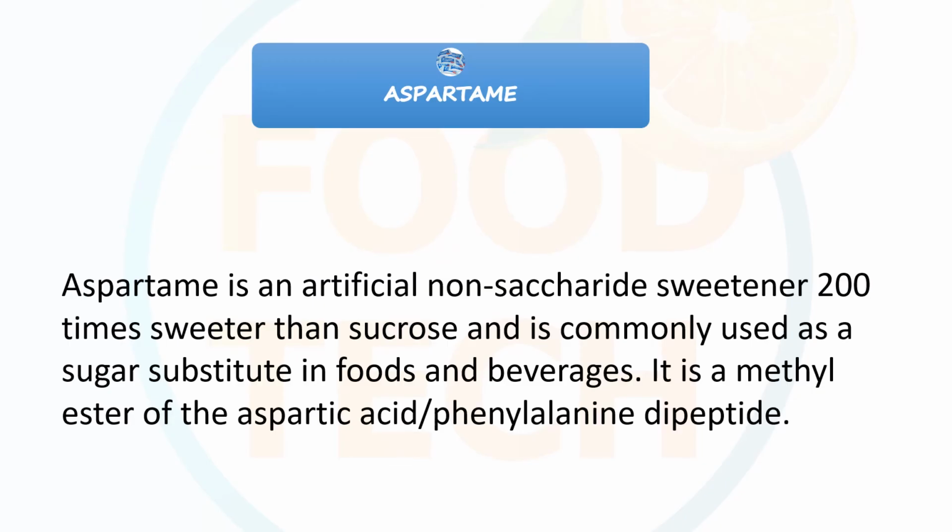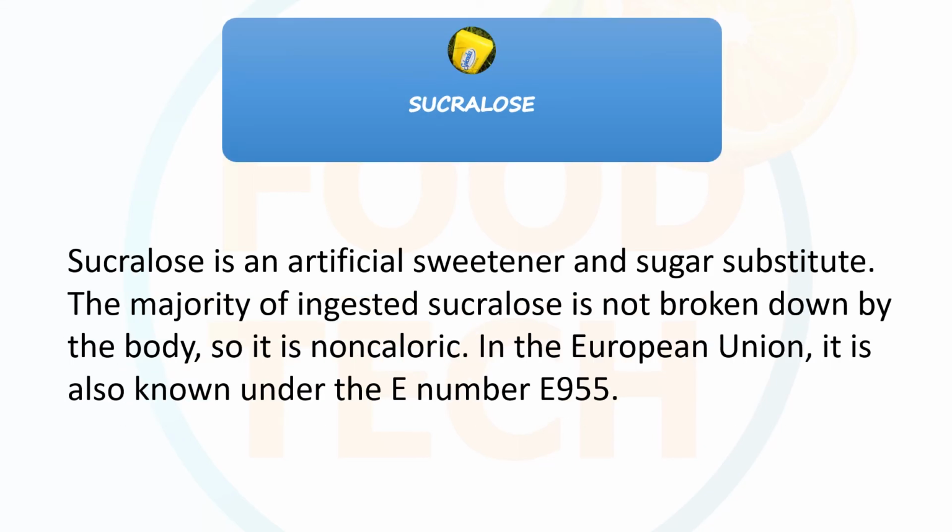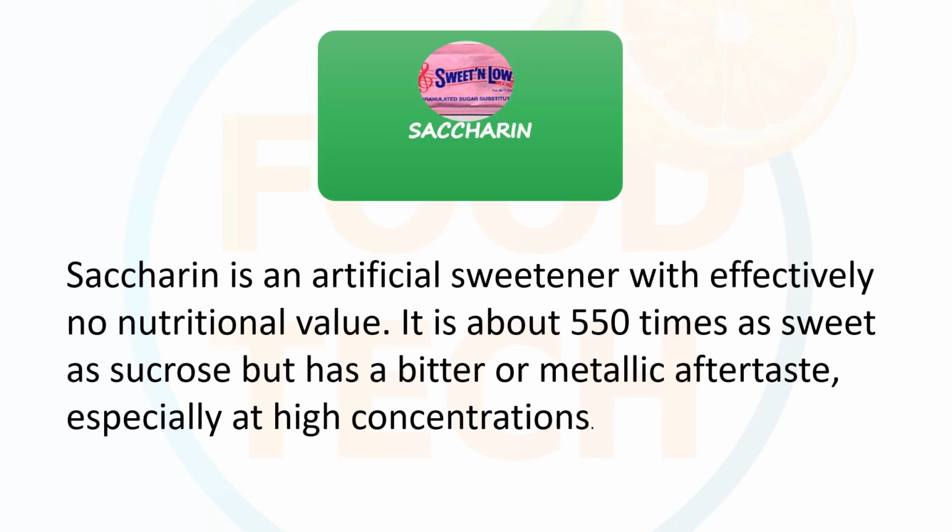So aspartame is 200 times sweeter than sucrose, and chemically, it is the methyl ester of aspartic acid, and is a sugar substitute in various foods and beverages. Sucralose, again, is a non-caloric sweetener, and it has the E number E955.